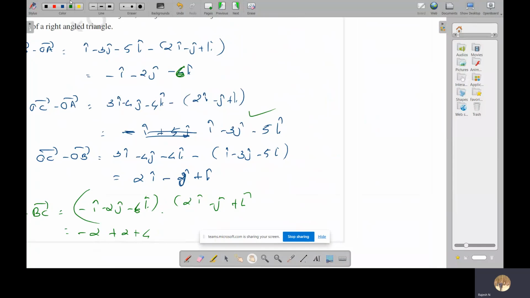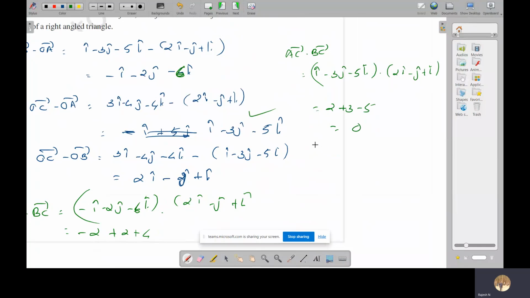What is AC dot BC? Try in a different way. AC dot BC is what? AC is I cap minus 3J cap minus 5K cap dot 2I cap minus J cap plus K cap. So 2 plus 3 minus 5, 0.